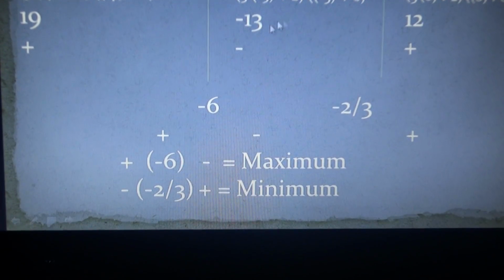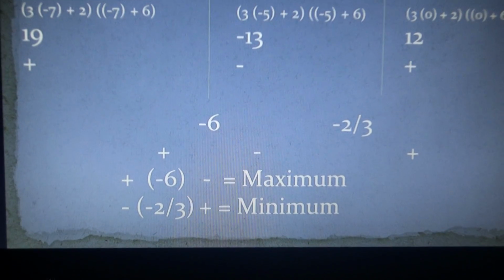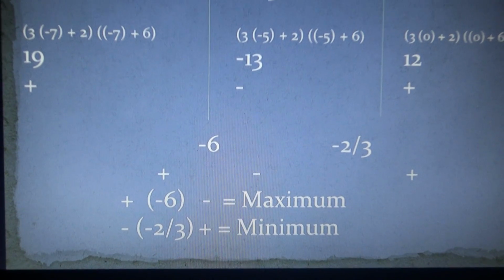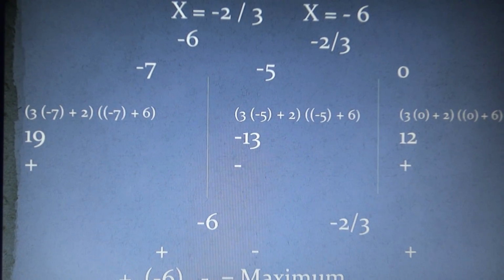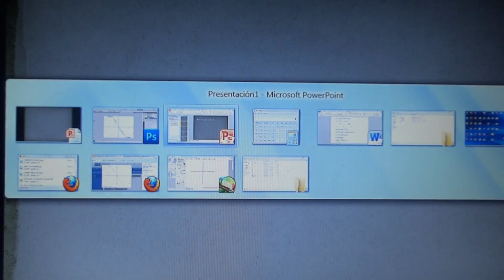Maximums are positive from the left and negative from the right. And minimums are negative from the left and positive from the right.